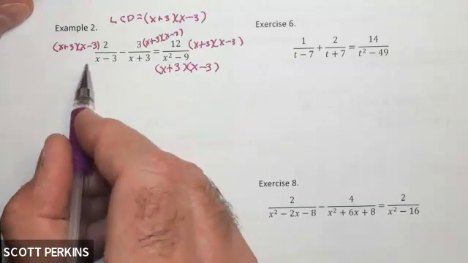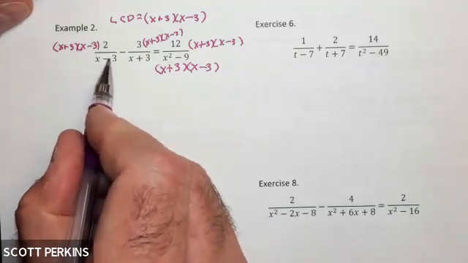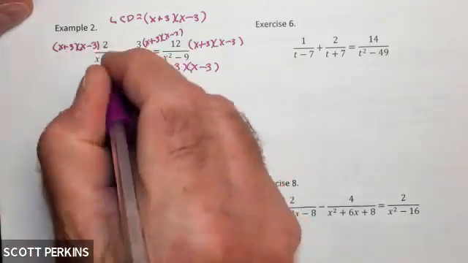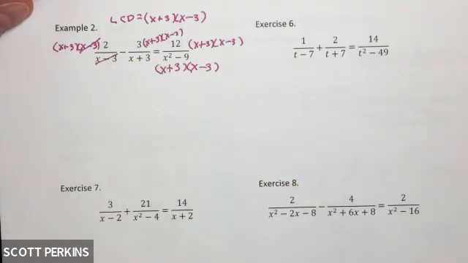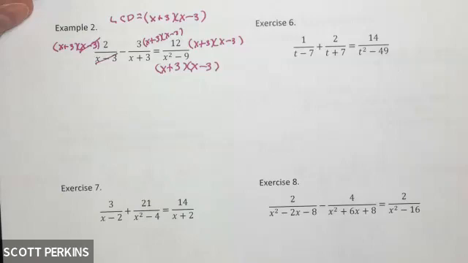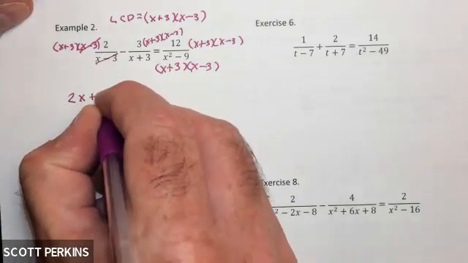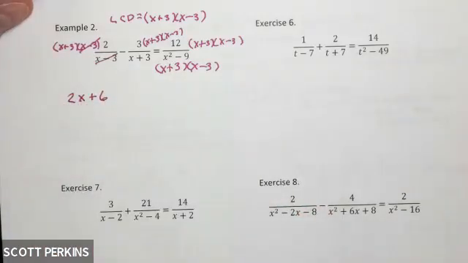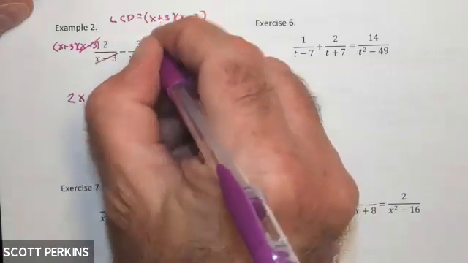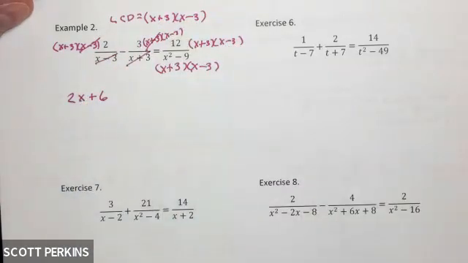So the first fraction, what cancels here when I multiply by the common denominator? Yep, the x minus 3 is right there, staring us in the face. So now I have 2 times x plus 3. What do I get when I do 2 times x plus 3? 2x plus 6. Yes, don't be shy. You got that. It was great. The next fraction, the x plus 3's cancel.